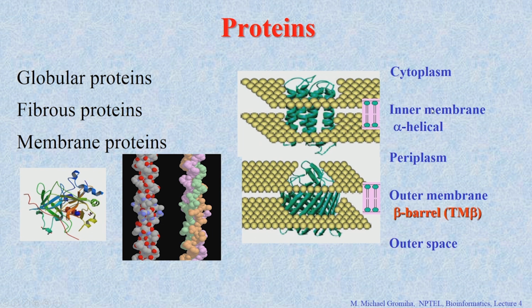The inner membrane proteins are called alpha helical membrane proteins, and here they are called the beta barrel membrane proteins. There is just one exception which has a different type of conformation. Other than that, almost all the membrane proteins known in the literature have alpha helical conformation in the inner membrane and beta barrel conformation in the outer membrane.